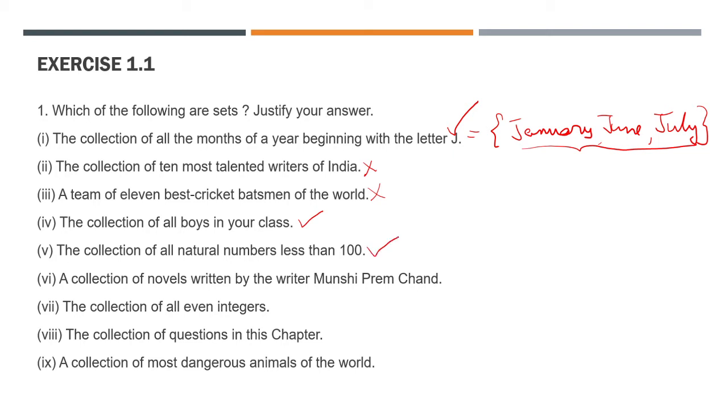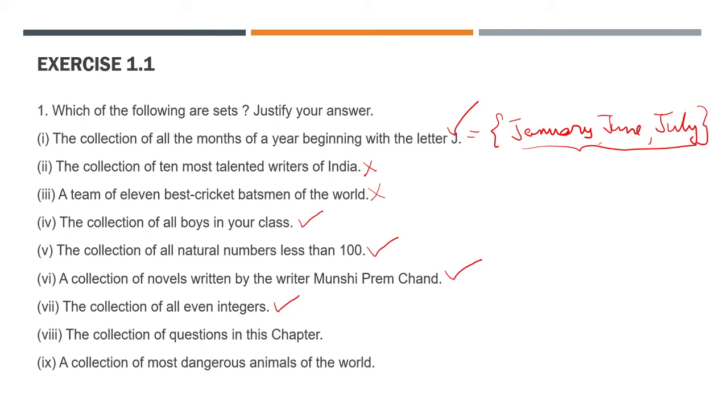Next one is a collection of novels written by the writer Munshi Premchand. Again, this is going to be the same because the collection of novels by Munshi Premchand does not vary from person to person. It is going to be objective. So, also a set. Next one, a collection of all even numbers. This is again a set.